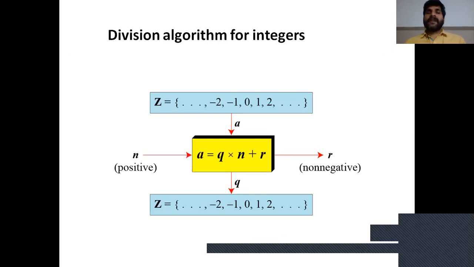Division algorithm for integers: a number A, from negative to positive integers, is divided by a positive number N, with A equal to Q into N plus R, where R is a non-negative number and the quotient is any integer.